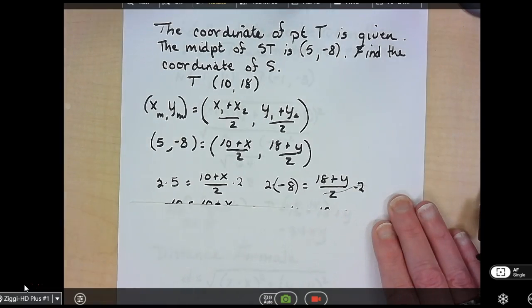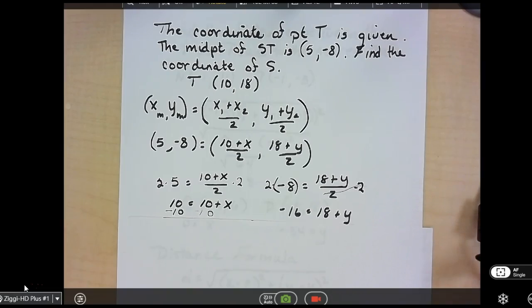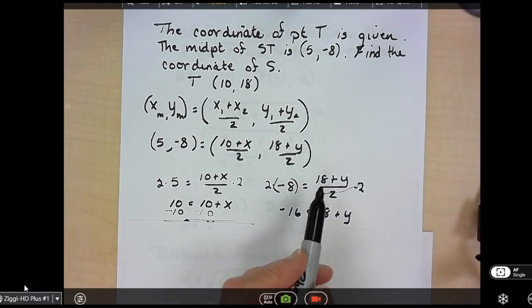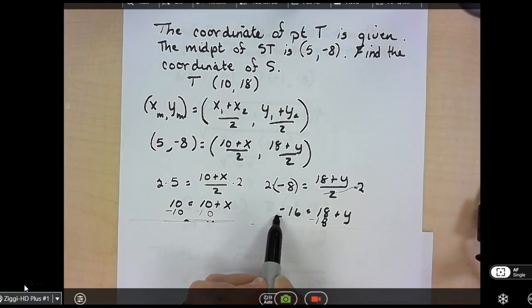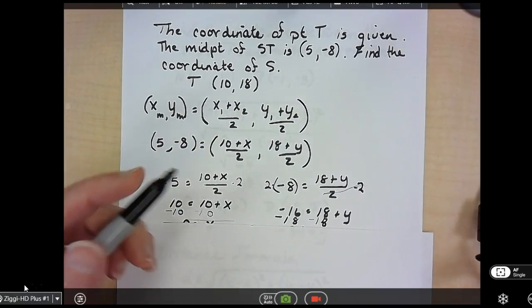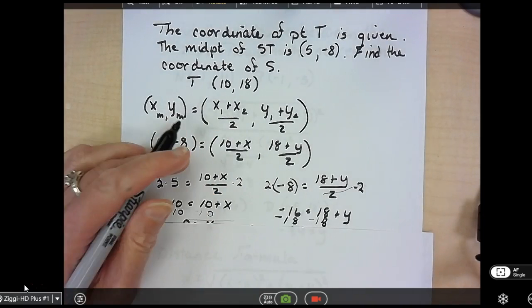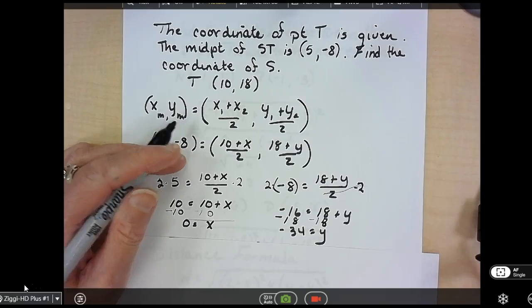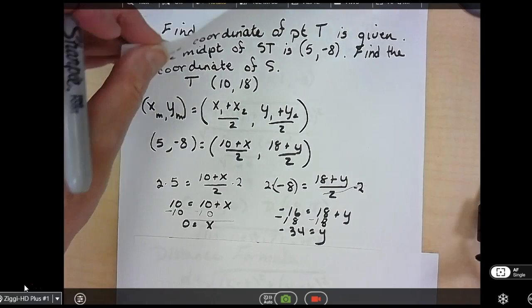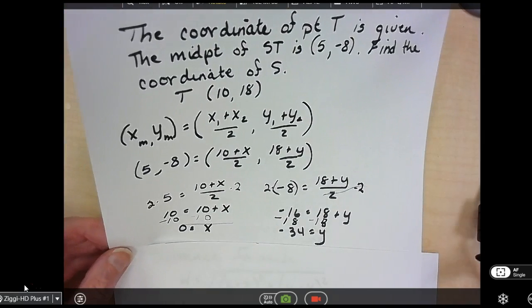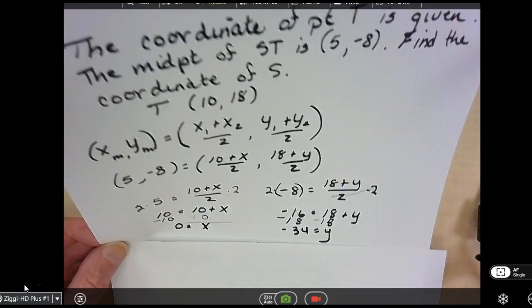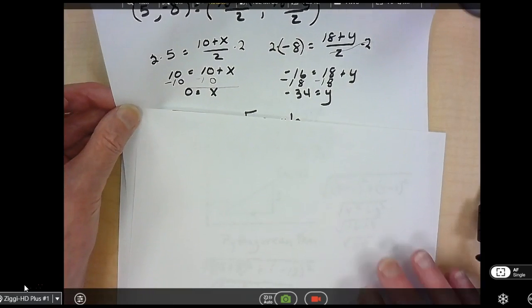Cancels on this side. I get 18 plus y on the left, -16. And now I want to get y by itself, so minus 18. And when I subtract, because they're both the same sign, add, carry the sign, -34 is my y. So that's how you find the midpoint, and now we need to find the distance.